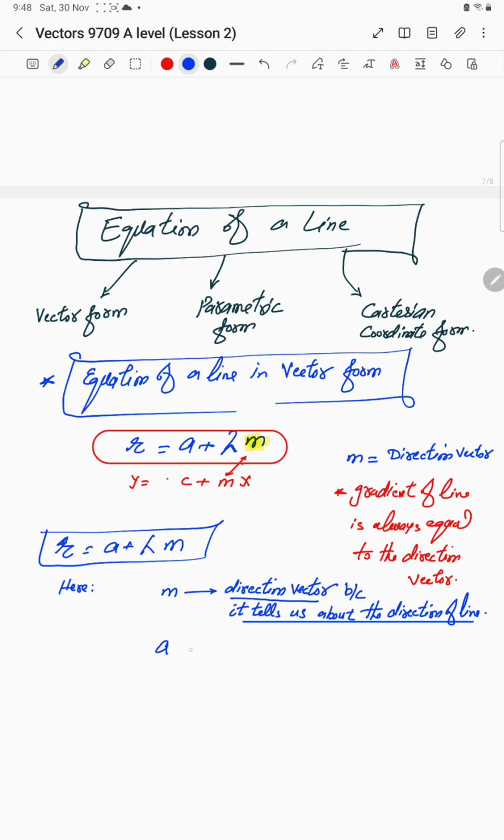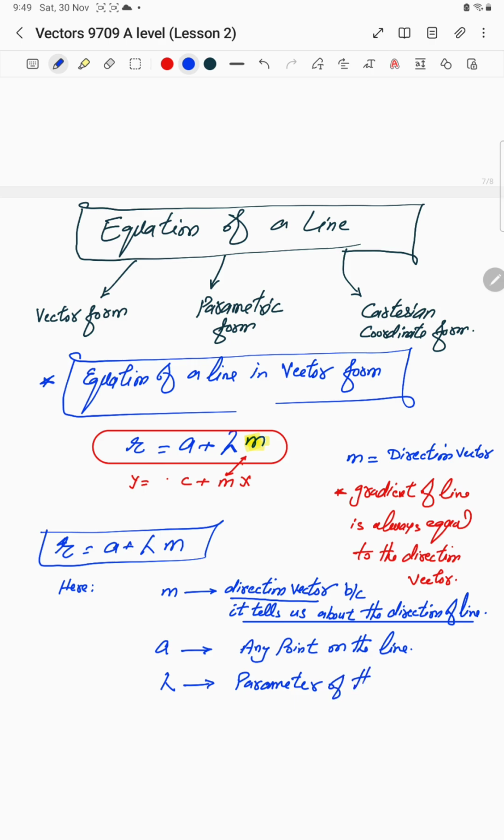Next one, a. What does a stand for? A is any point on the line. As you have done the one point and gradient formula in coordinate geometry, that point that exists on the line is a. And what does lambda, the Greek letter, stand for? We call this the parameter of the equation. That can vary, it will not be fixed.